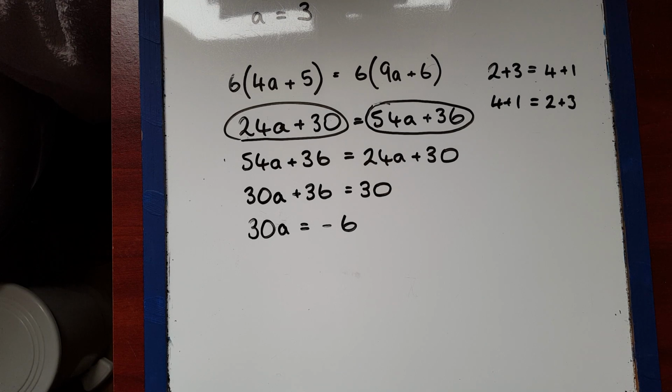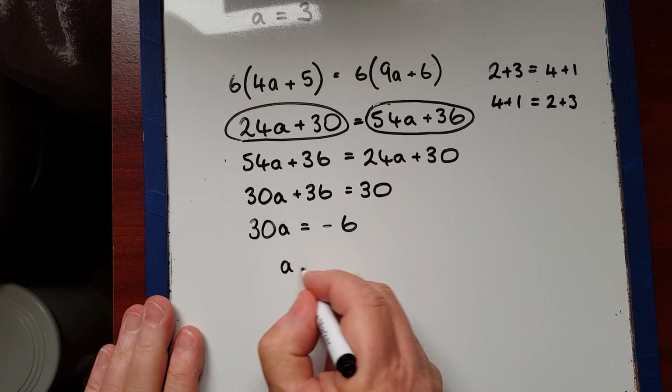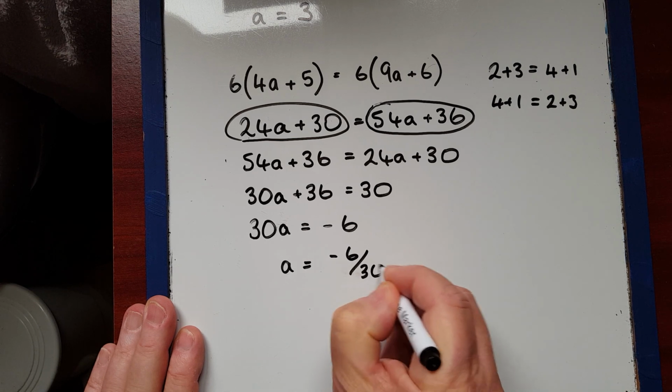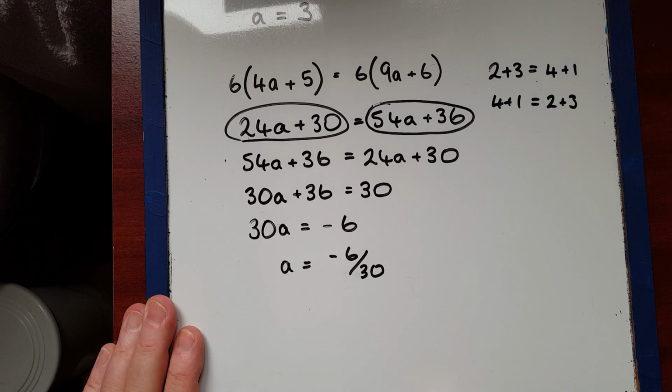30a's make minus 6. Now that means that 1a actually equals minus 6 divided by 30. And that's not very comfortable at all, but it's correct.